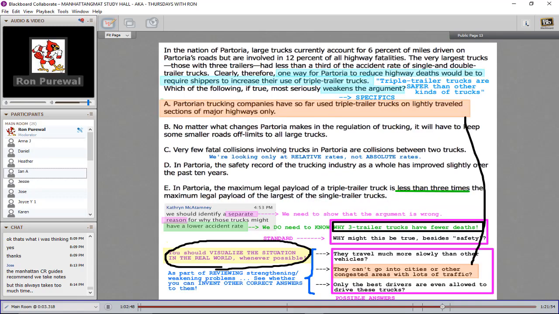Like in this problem, if you read this answer choice and thought it meant that 3 trailer trucks weighed less than 1 trailer truck, guys, that's obviously stupid. That's obviously not true. So that's an incorrect interpretation. So read the words again and reinterpret them.